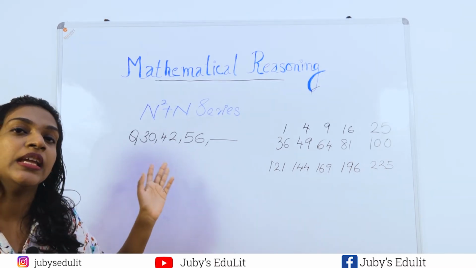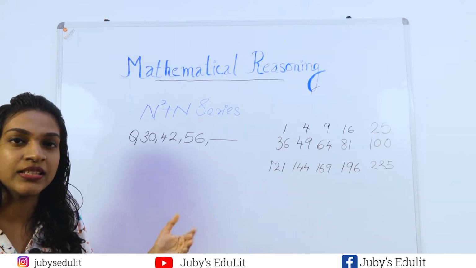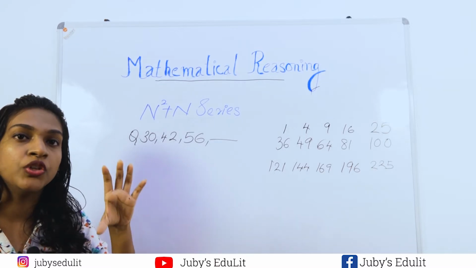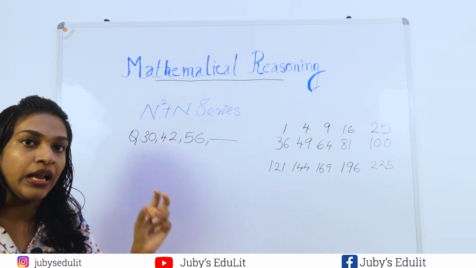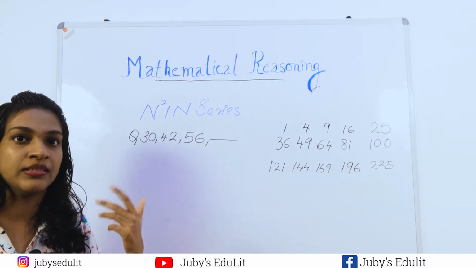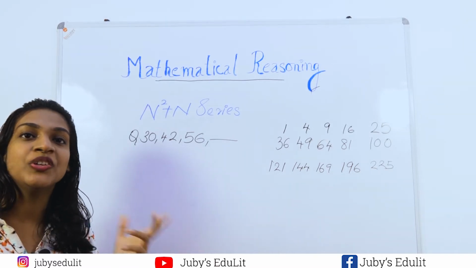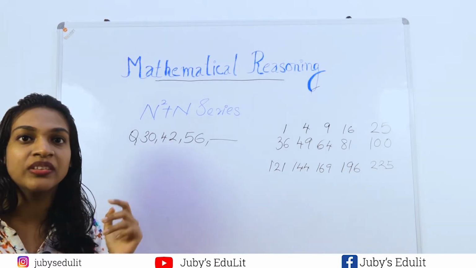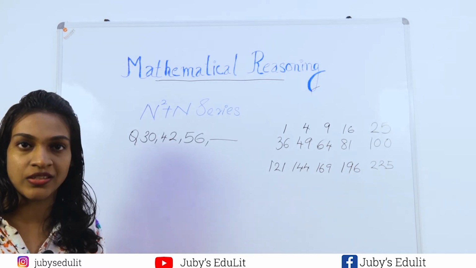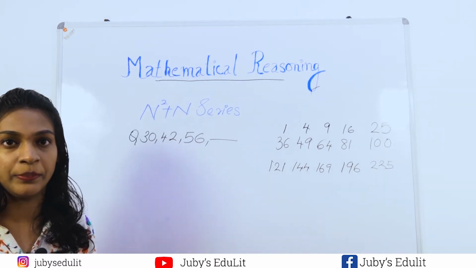In the n square plus n series, what you will do is take the square of a number, for example x. The number x is added to this x square, and you will get the answer y. So this is how the n square plus n series goes. Here is an example.